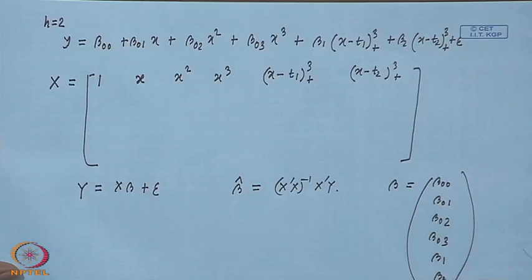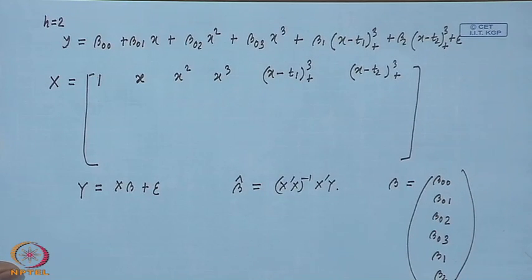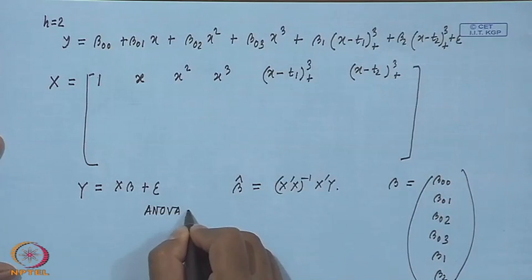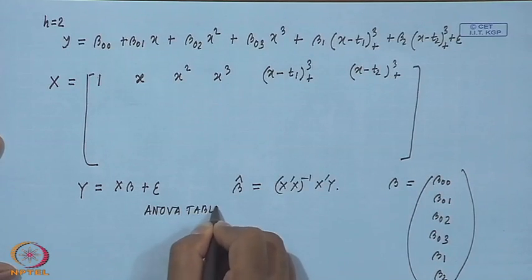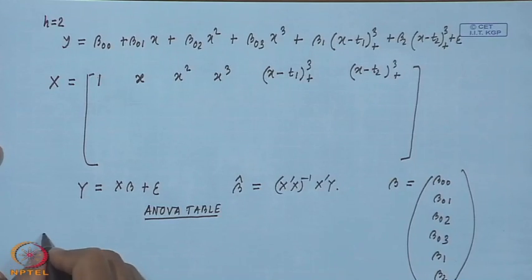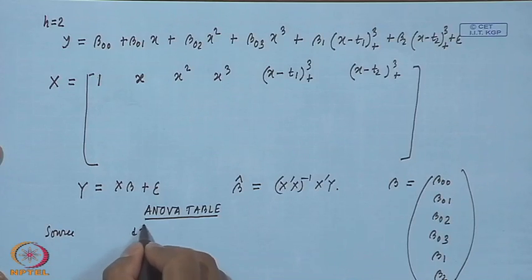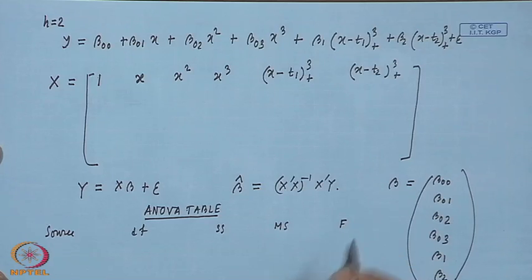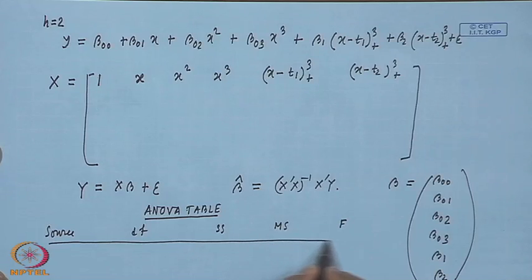So, there are 6 regression coefficients to be estimated, and here is the ANOVA table for this. Source, degree of freedom, SS, MS and the F statistics. Okay.